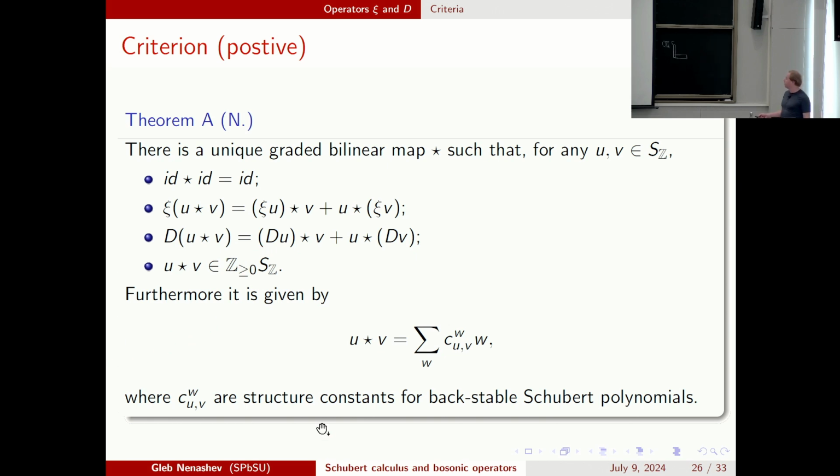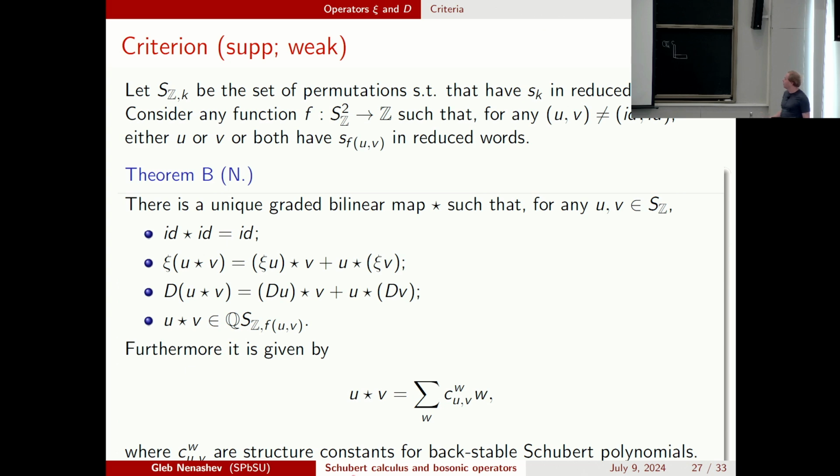So, for example, another type: now we write that U times V belongs to such. Here in the product we have only some permutations, not all. So we just restrict. So here it is just true, but I'm not sure that it's really interesting now.